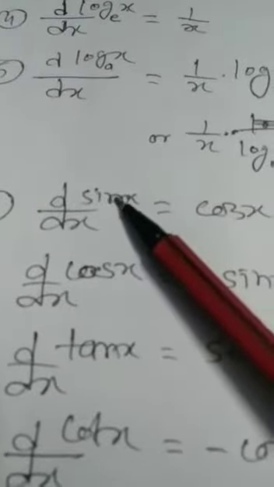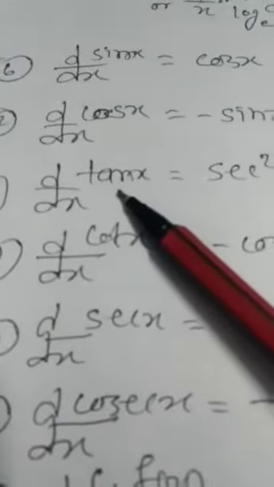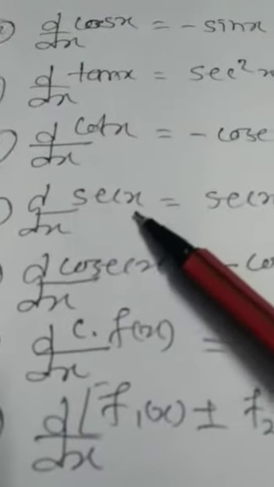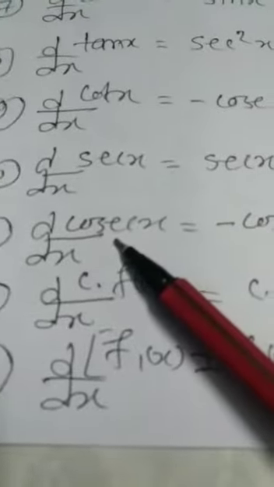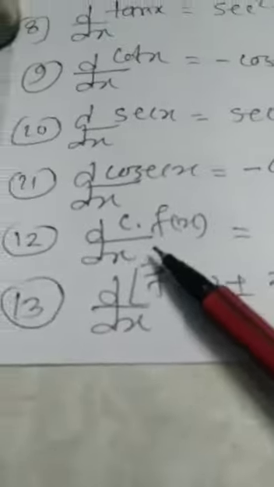And you know that differentiation of sin x is cos x, differentiation of cos x is minus sin x, differentiation of tan x is sec square x, and differentiation of cot x is minus cosec square x, differentiation of sec x is sec x into tan x, differentiation of cosec x is minus cosec x into cot x.